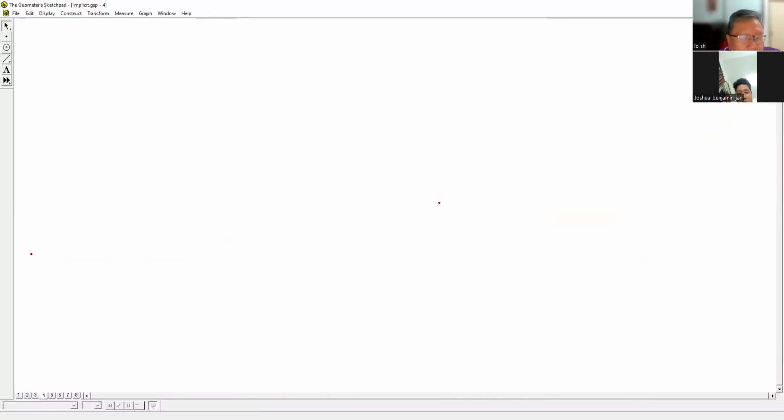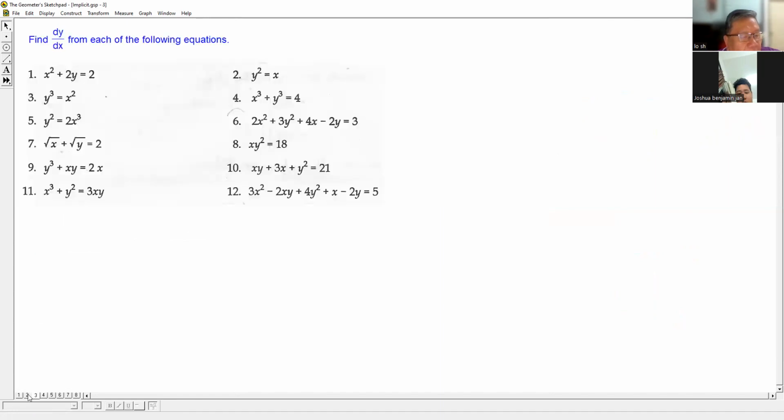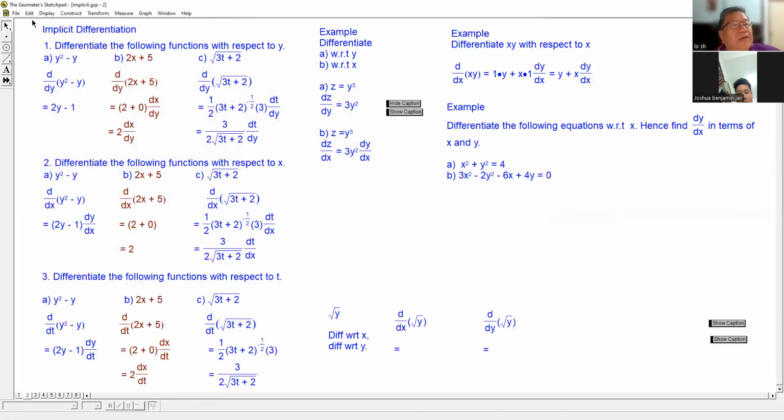Clear this thing. Then we go back to this previous page here. Now, sometimes when you do implicit differentiation, you will come across xy. Now, xy doesn't mean one function.